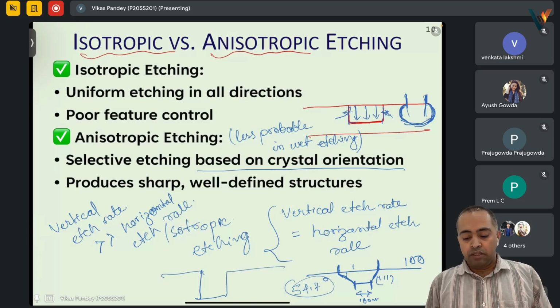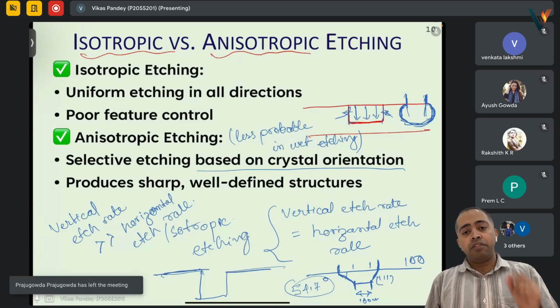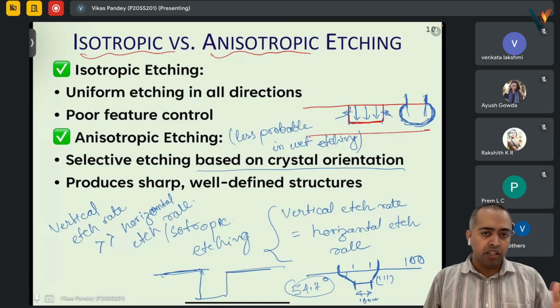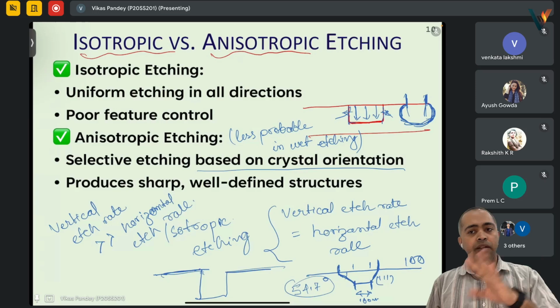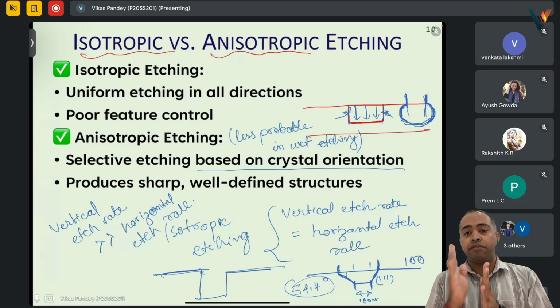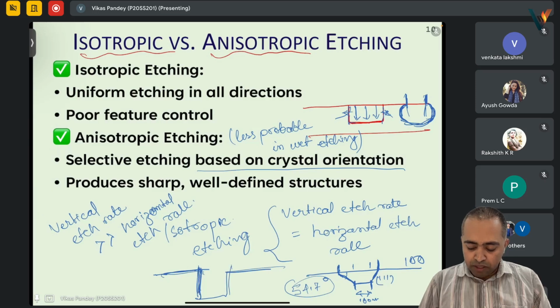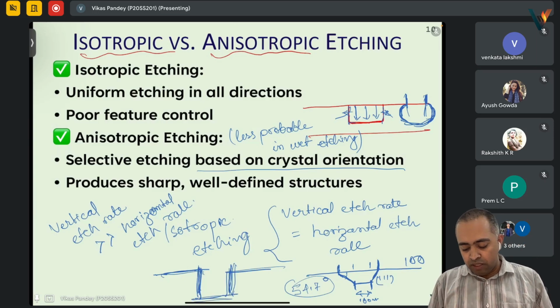The other way is that these chemicals have different etching affinity towards different types of silicon, that is p-type and n-type. They will etch differently. So to make it much sharper, we can have some doping in specific regions, on the boundaries as well as at the bottom.